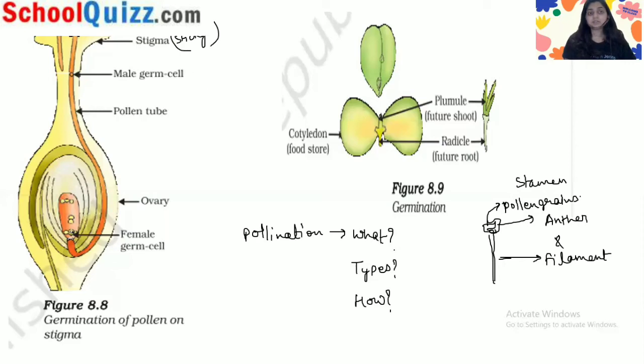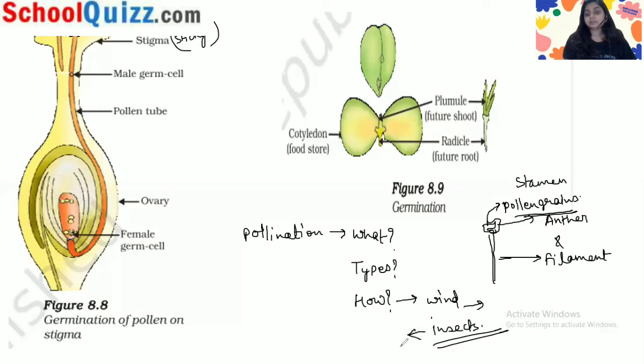And how do these pollen grains transfer to the stigma? It happens by the wind. The wind carries the pollen grains and transfers them to the stigma. When they flow in the air, some pollen grains stick to the stigma because the stigma is sticky. It is also done by insects. Remember, the petals attract insects.